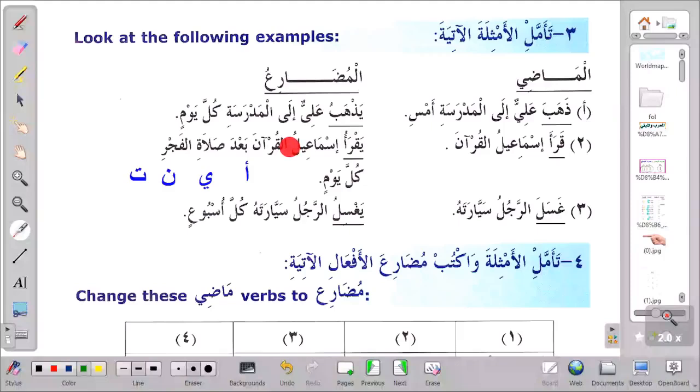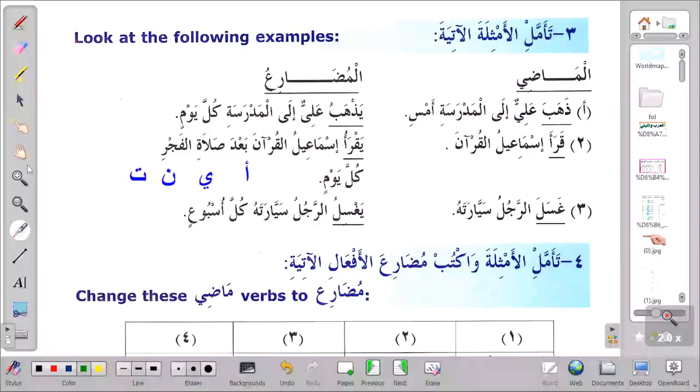And if you can remember, in lesson number 7 we looked at it in great detail. So please, I hope you have not forgotten, okay. Even if you've forgotten, try to look it up in lesson number 7. At the beginning of lesson number 7, we explained all the possible combinations of the huruf al-mudari', right?